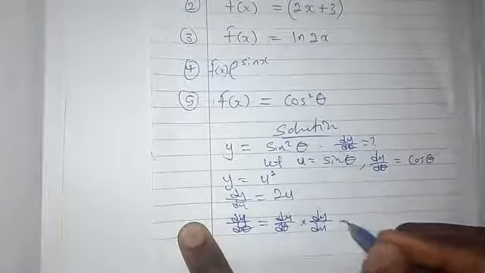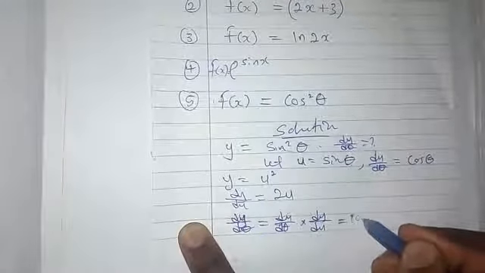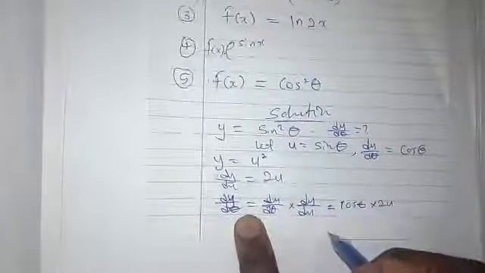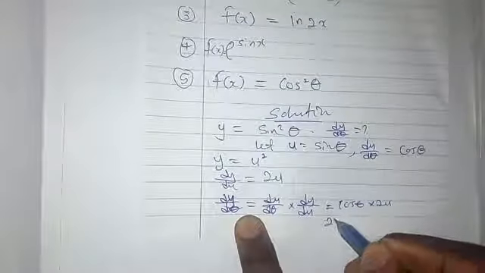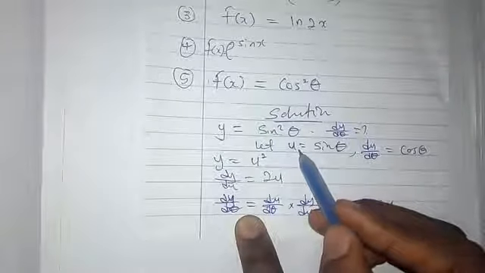Therefore, just bring these two together. That is cos theta multiplied by 2u, and u is initially sin theta.